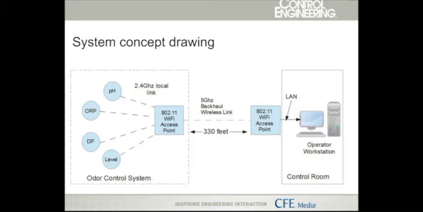The other access point is mounted on the control room outside wall and then networked into the operator workstation in the control room. Between those two, 30 feet, we use the 5 gigahertz channel to accomplish a wireless backhaul to replace the wired link.